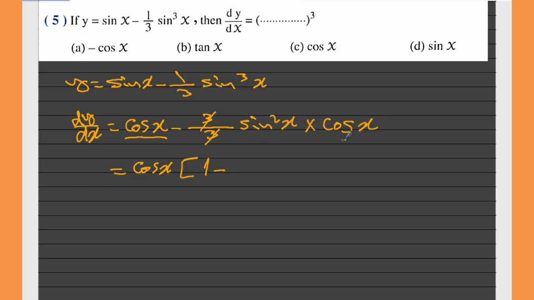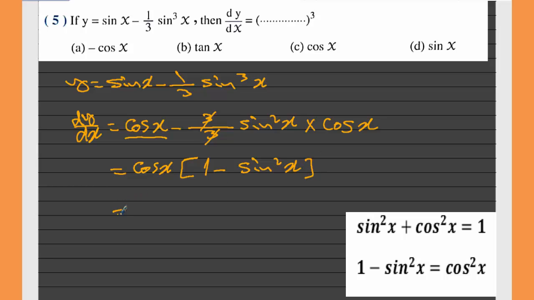Sine square x multiply cosine x divide cosine x equals sine square x, which equal cosine x. 1 minus sine square equals cosine square. So we have cosine power 3x. So between brackets we put cosine x and the result in letter C. Next question.